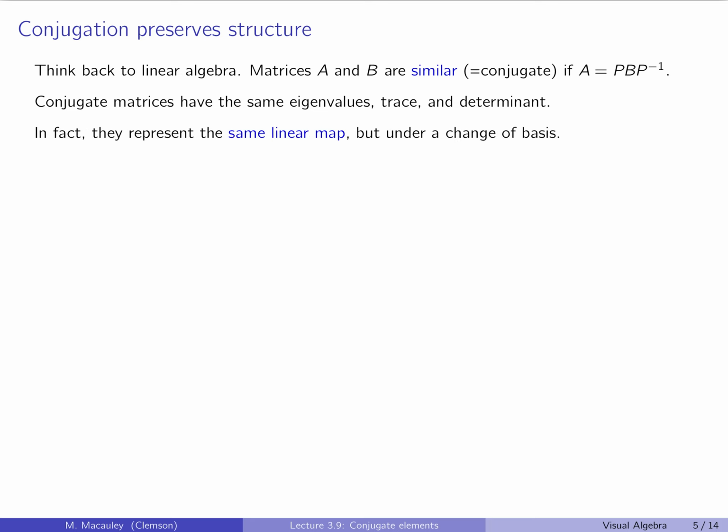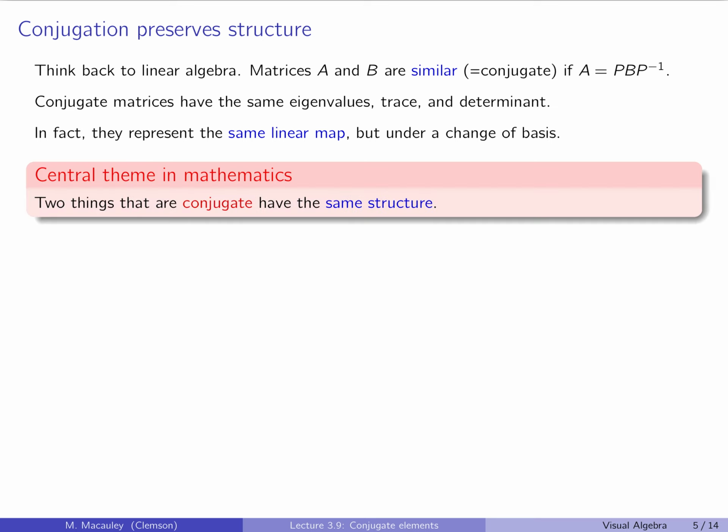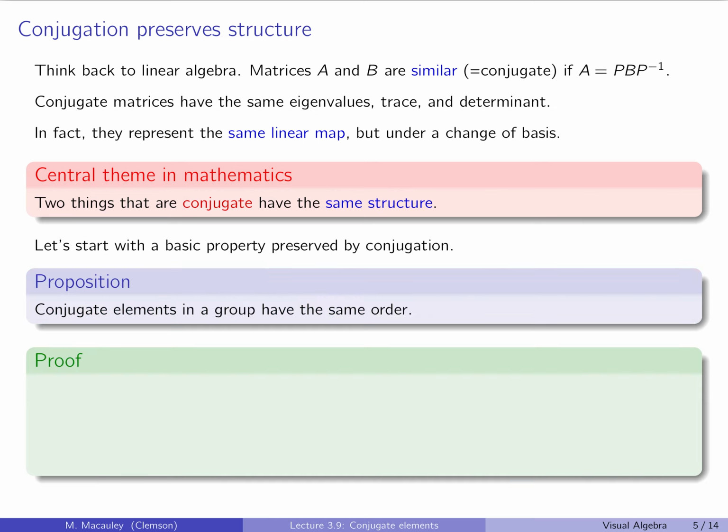In fact, they represent the same linear map, but under a change of basis. As I said earlier, a central theme in mathematics is that 2 things that are conjugate have the same structure. And we'll explore what that means and entails in the rest of this lecture.